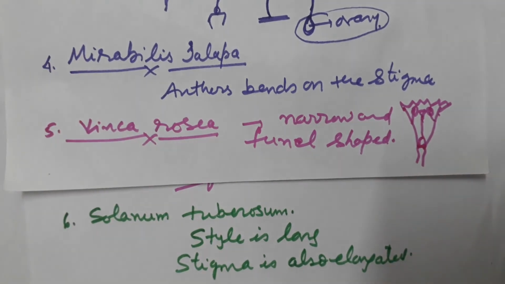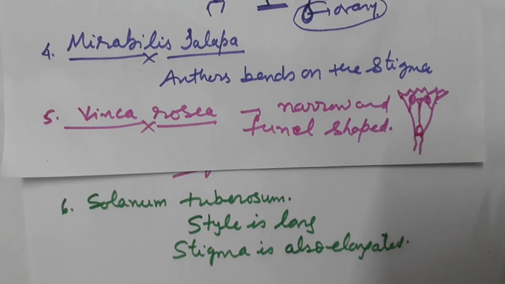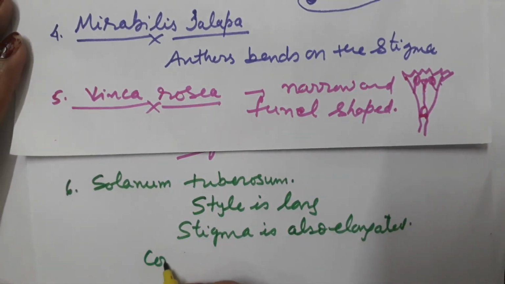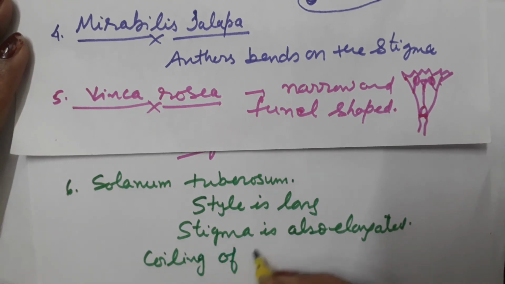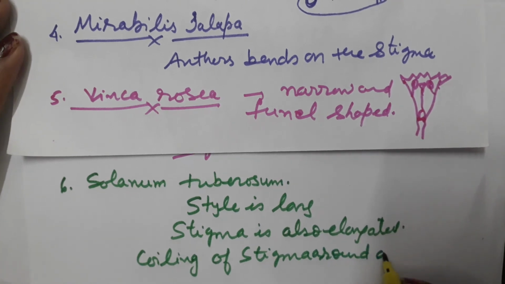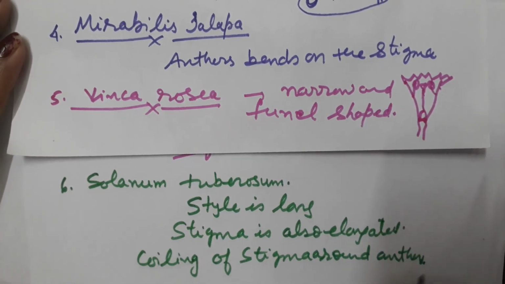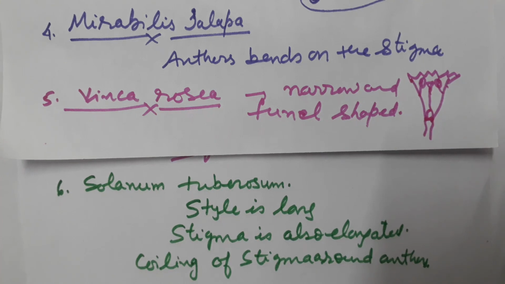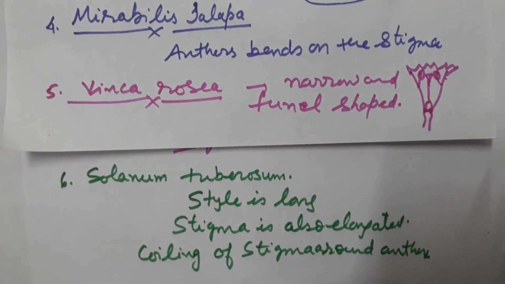What we find there is coiling of the stigma around the anther, which favors self-pollination. How does it take place?